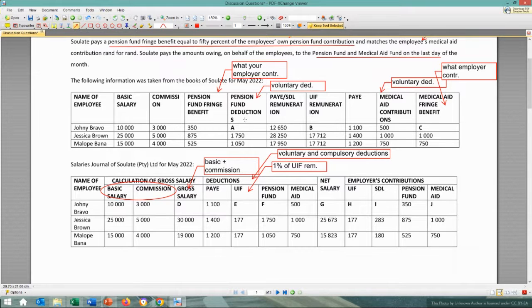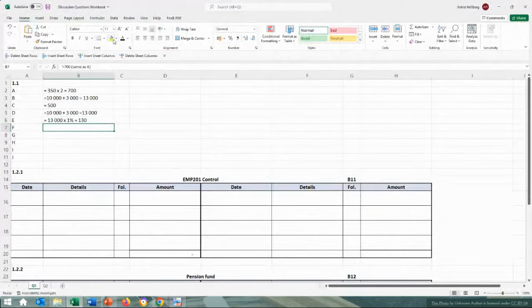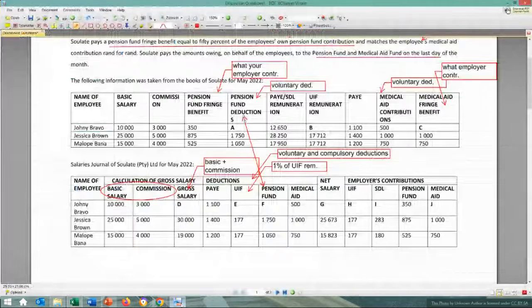This pension fund deduction column here is what you would capture under your pension fund column there. So based on that, what amount do you think would F represent in this table? 700, that's absolutely correct. So it would be exactly the same as A because A represents our pension fund deduction.